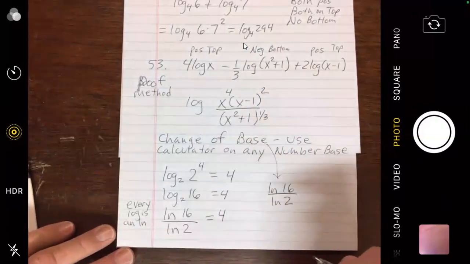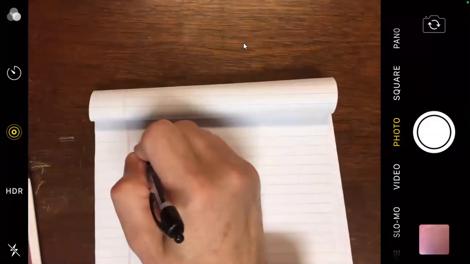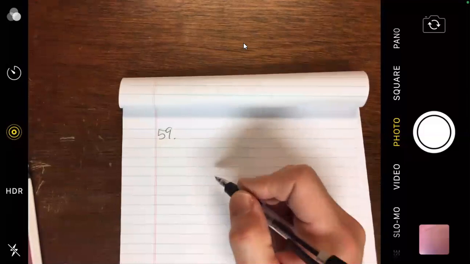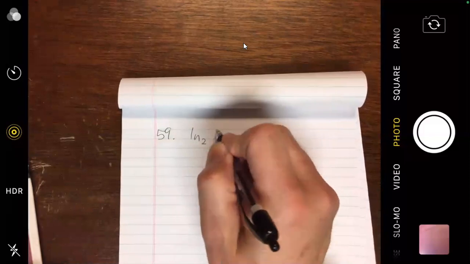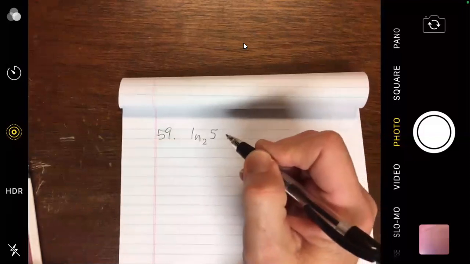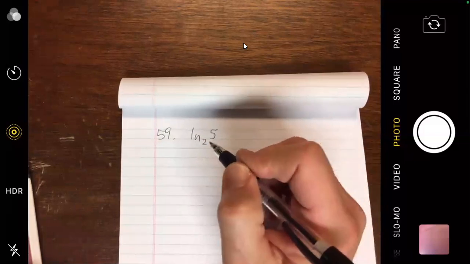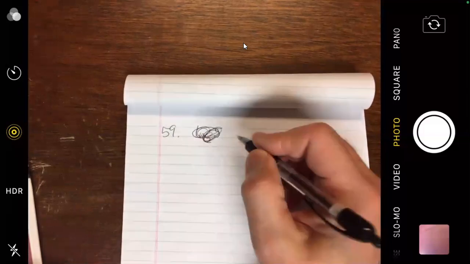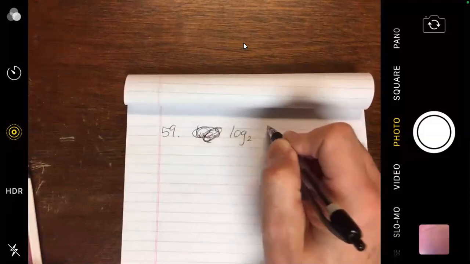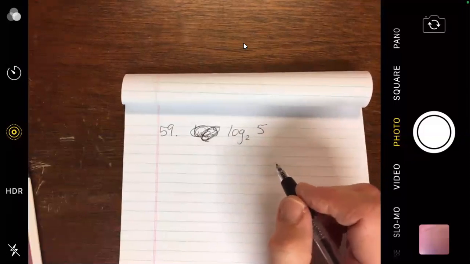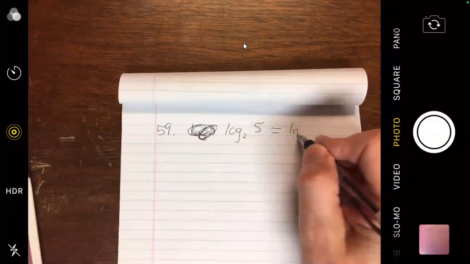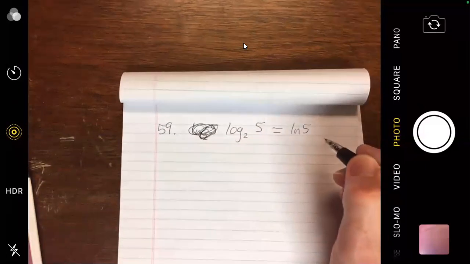So it gives you a pretty easy way of computing some of these. If I look at 59, I had ln of base 2 of 5. I'm sorry, too early. It says log base 2 of 5. ln of base 2 makes no sense at all. So I could punch this as an ln of 5, scaled by the ln of the base of 2.